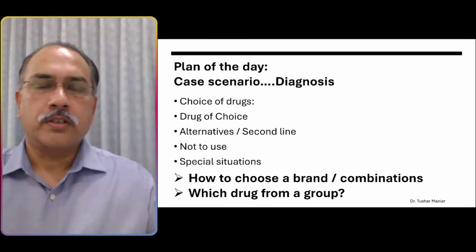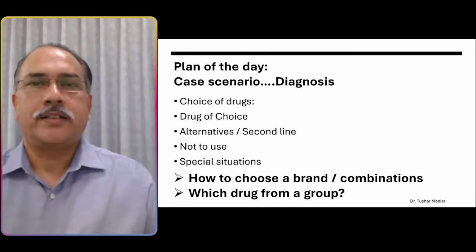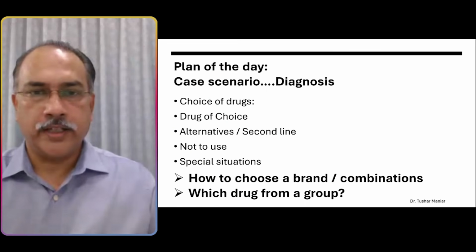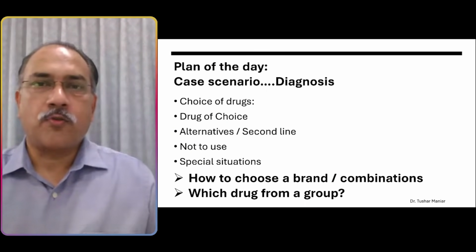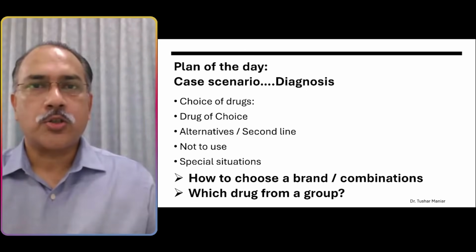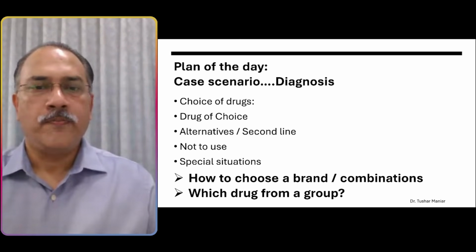In today's session, we will give you a brief case scenario, which will more or less come to a diagnosis very quickly. Then we will discuss the available choices for that particular diagnosis. We'll discuss what the drug of choice is, and what the alternatives or second line drugs are. We'll also touch upon what not to use and why not to use.